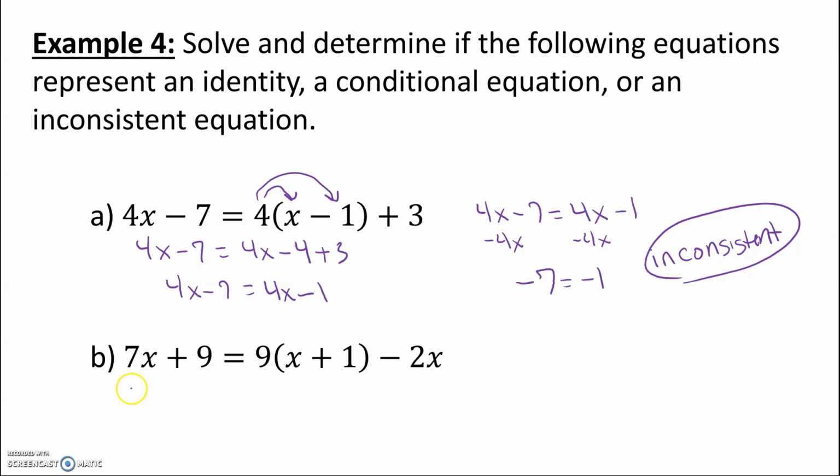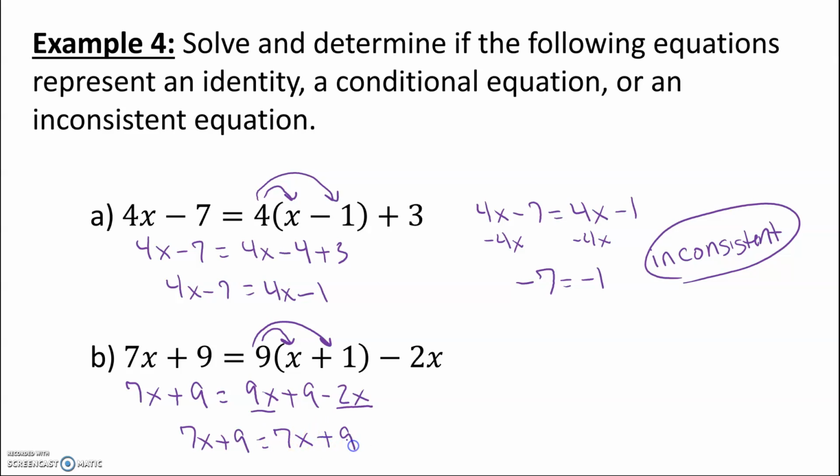Moving on to the next example, 7x plus 9. We're going to distribute 9 times x and 9 times 1 and drop down that minus 2x. Again, we're going to combine our like terms. So over here you got 9x's minus 2x's, gives me 7x plus 9.